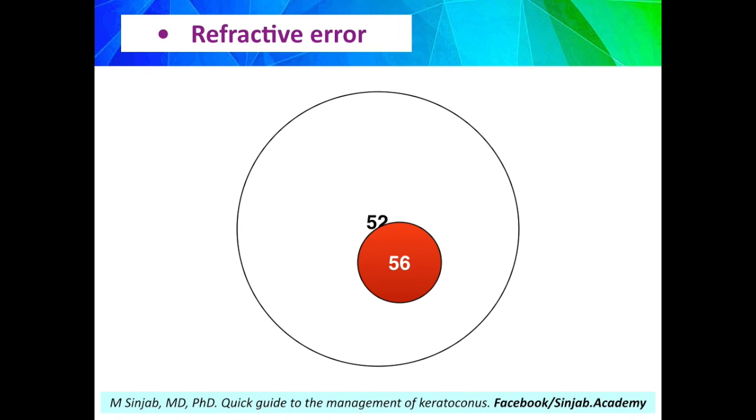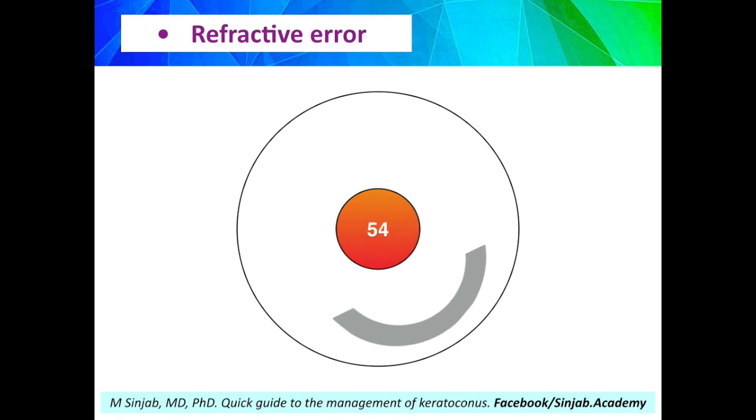Now, in cases of paracentral or peripheral cones, if we implant the ring it will push the cone towards the center, and the K readings in the center will be higher than preoperatively, and therefore the spherical component of the refractive error will be higher, although the cone itself will be flattened.